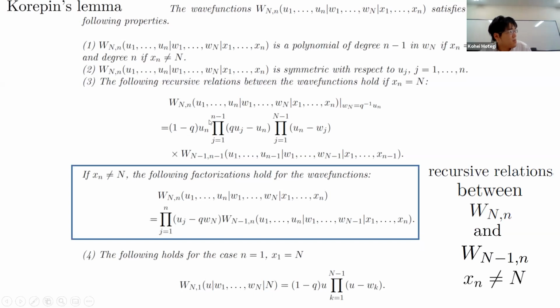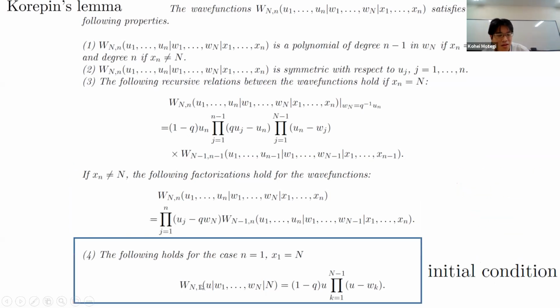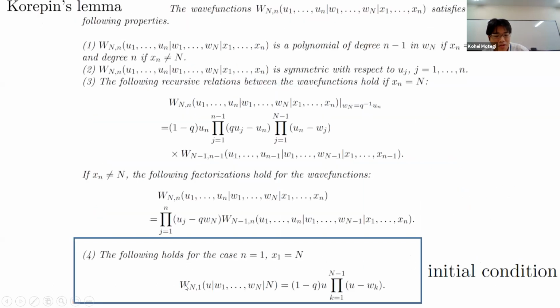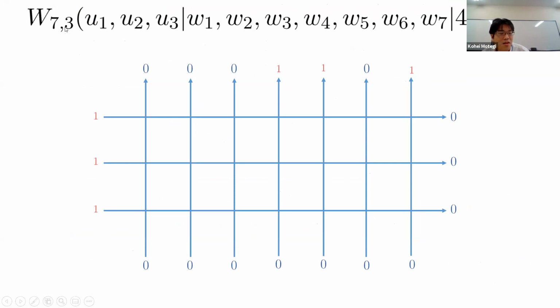And also you have to figure out what the initial condition is. And this fourth property corresponds to the initial condition. Okay, so let's see an example. So let's start from this partition function.